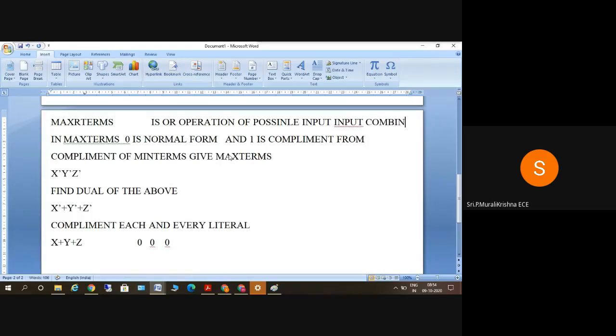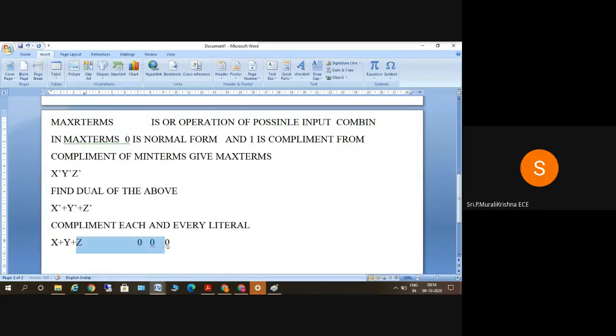So what is the minterm? Minterm is the AND operation of possible input combinations, whereas max term is the OR operation of the input combinations. We have to perform OR operation of the possible input combinations.